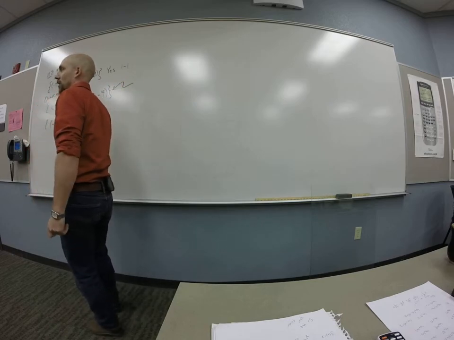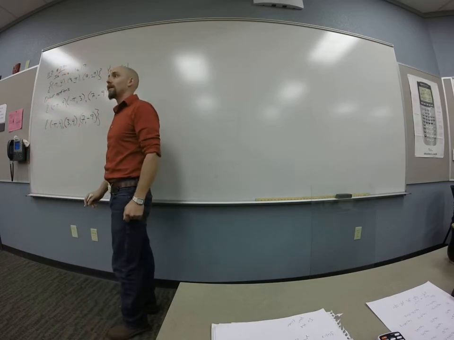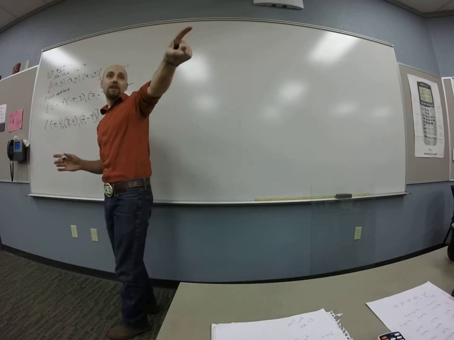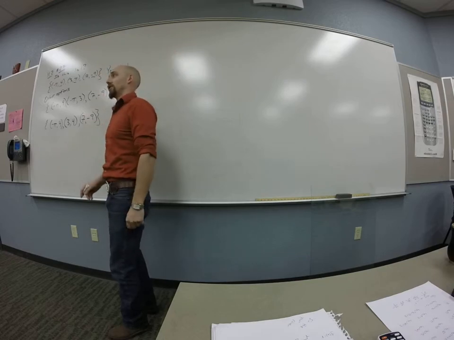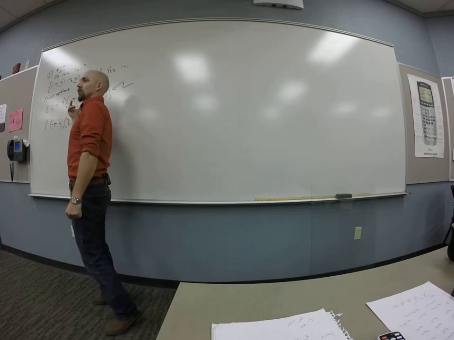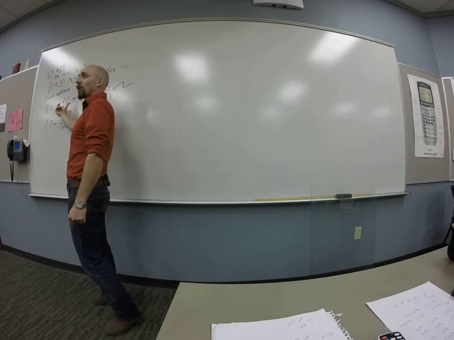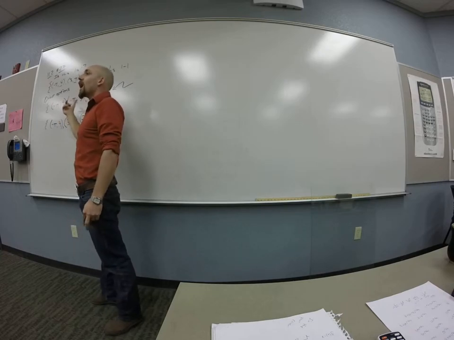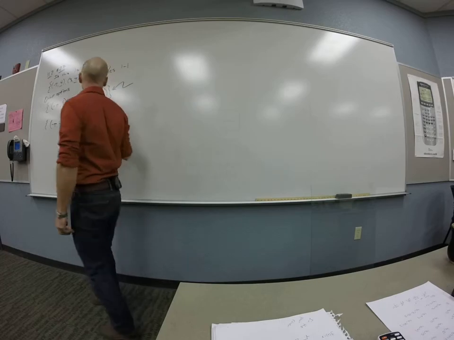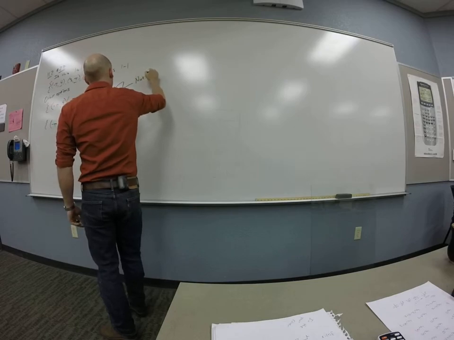That would be no. One-to-one is not the problem. It's not a function. You see that? That's 2 of the same input with different outputs. I don't know what to do with minus pi, right? It goes 2 places. So this one's not a function.